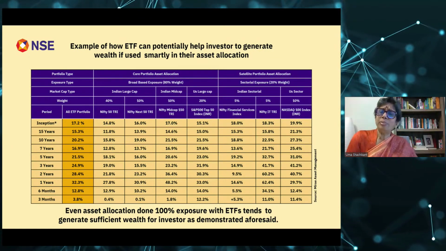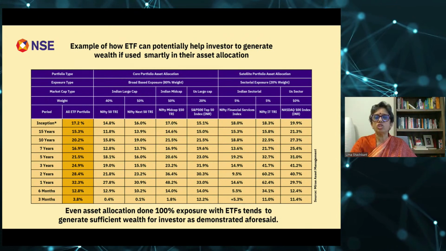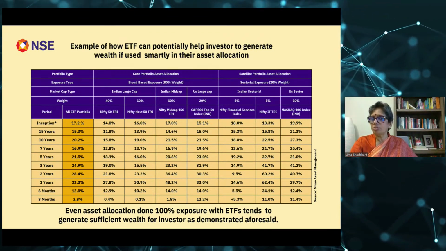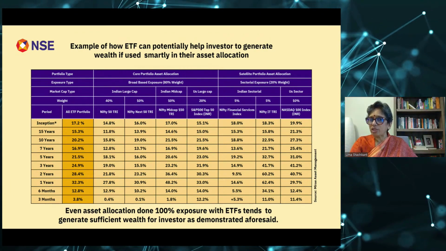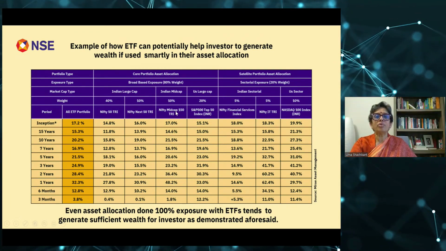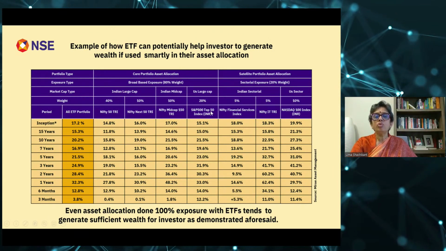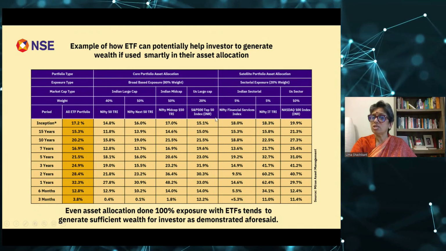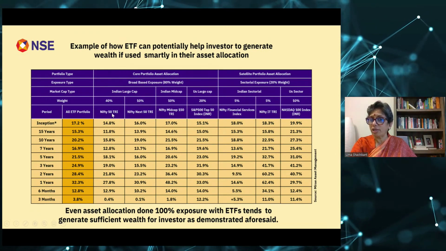Now, this is a table put together by NSE to show indicative percentages. You have a core portfolio in large cap, which is in Nifty 50, and there is some allocation to Nifty Next 50. Then in mid cap, there is an allocation to the Midcap 150 index, and there is exposure to US large cap. All of these are index products, as you can see here.